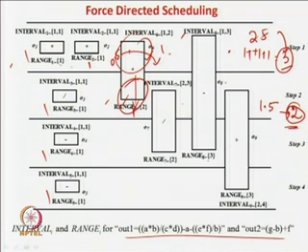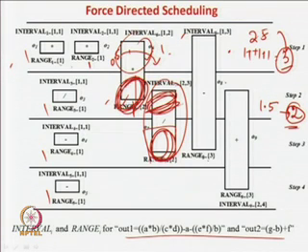Now if I schedule the multiplier over here, a very interesting thing will happen. The divider will be fixed over here. The flexibility of this divider is no longer there, so its range will be fixed. You cannot make any changes to it. In this case you are good because you have scheduled the multiplier over here.